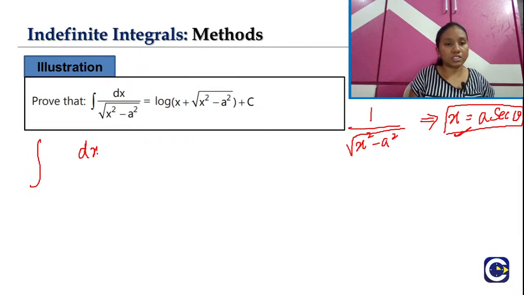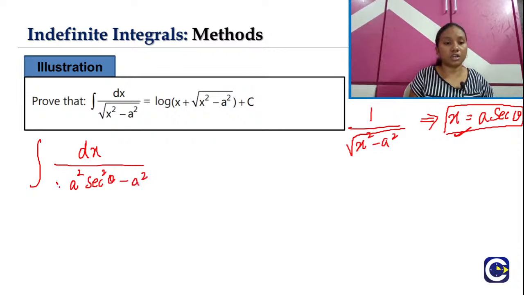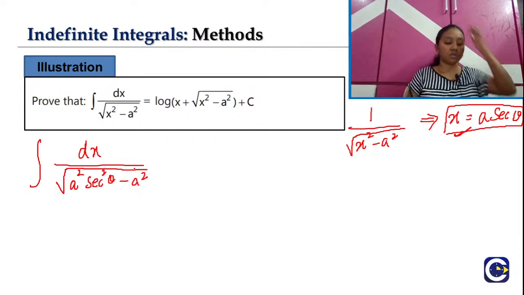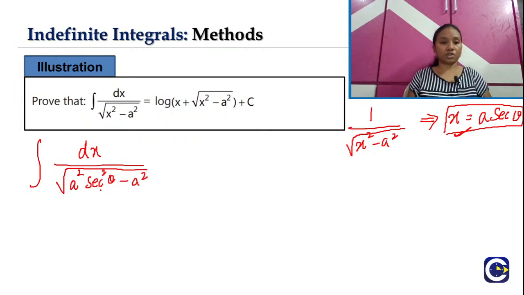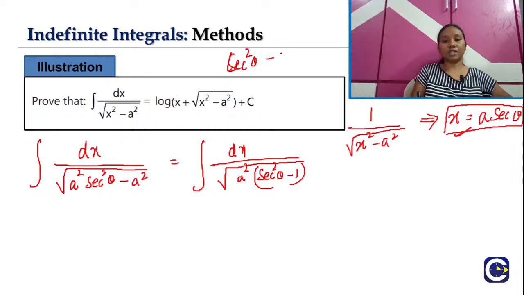So this will be dx by under root of a square secant square theta minus a square. So here what can we identify? We can pull out a square here. Yes or no? Right. We know secant square theta minus tan square theta is equal to 1.